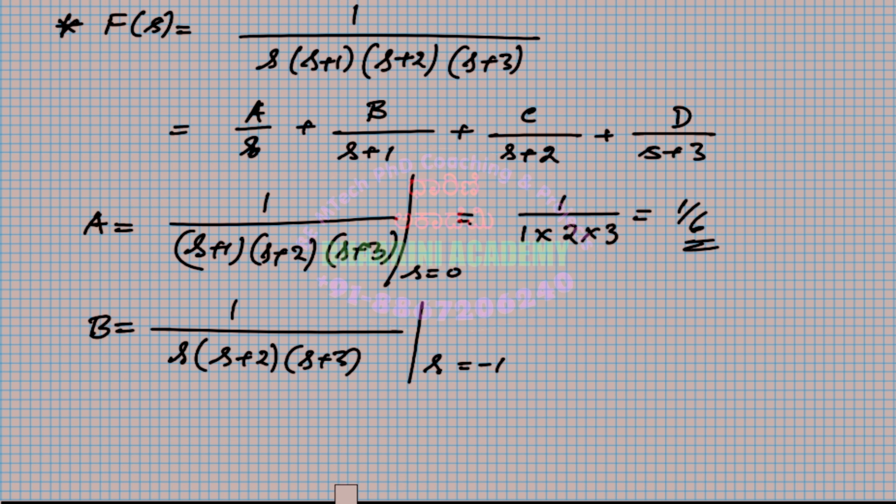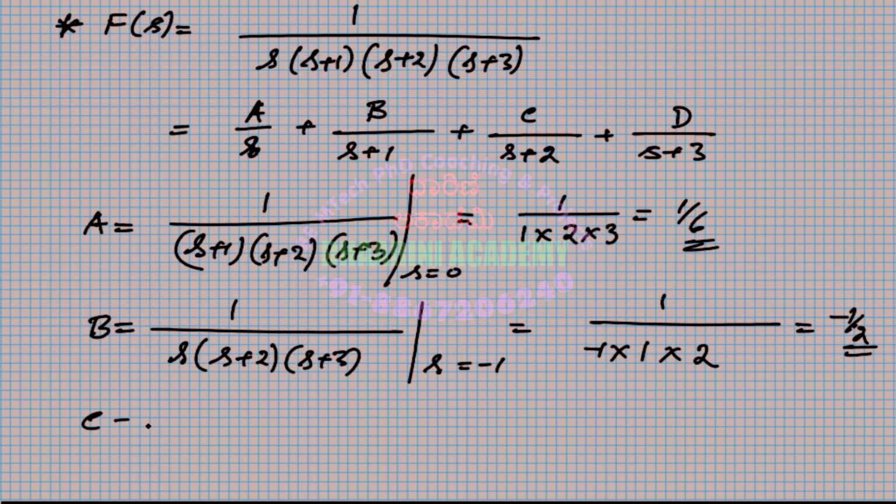So like that we will calculate the value. The numerator is 1 divided by s, so s is equal to minus 1, into minus 1 plus 2, so plus 1, into minus 1 plus 3, so that is equal to 2. So the answer is minus half, that is B.